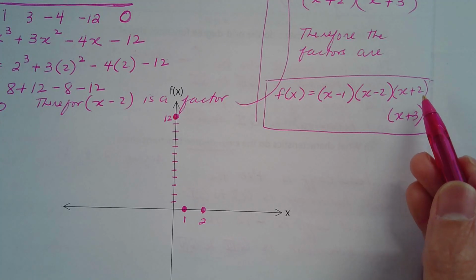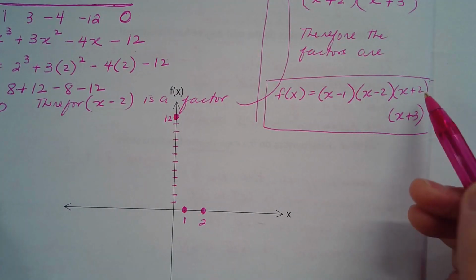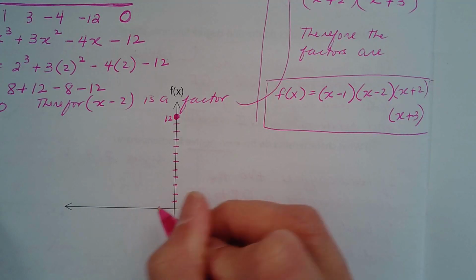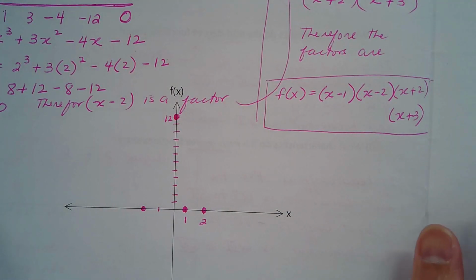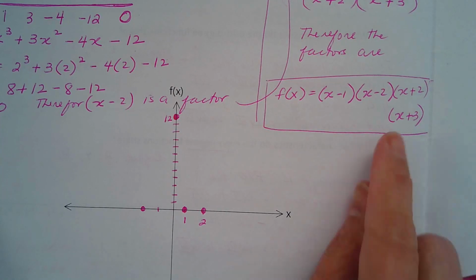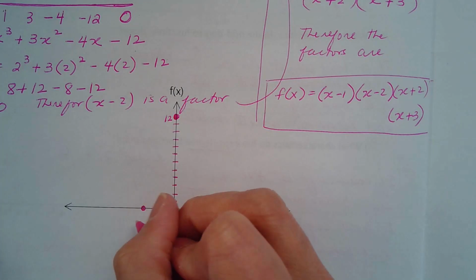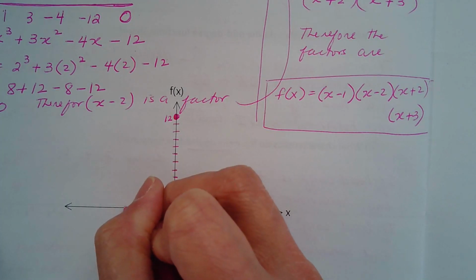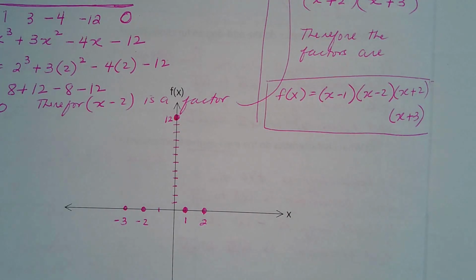Because it's x minus negative a. So it's a negative 2. And then this one will give us the minus 3. So minus 2, minus 3. Okay, so this is what that looks like. We have just 5 important points in here.